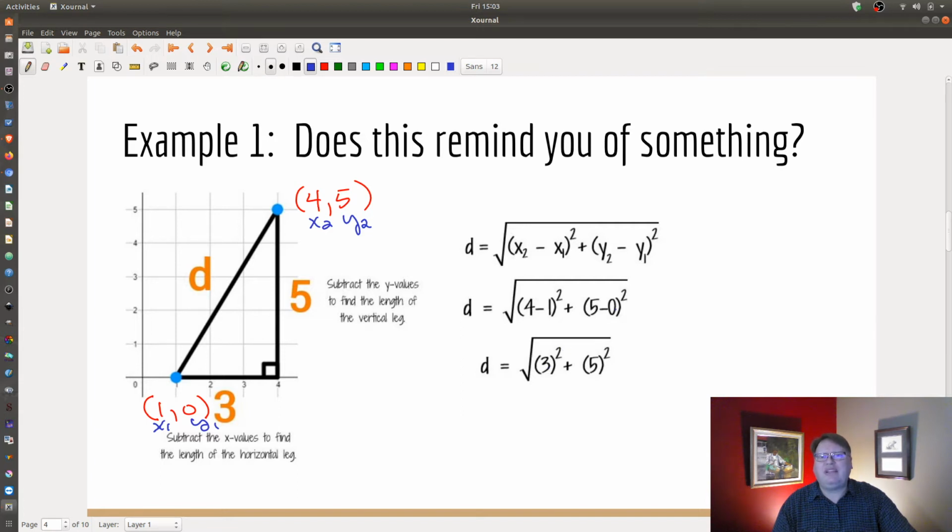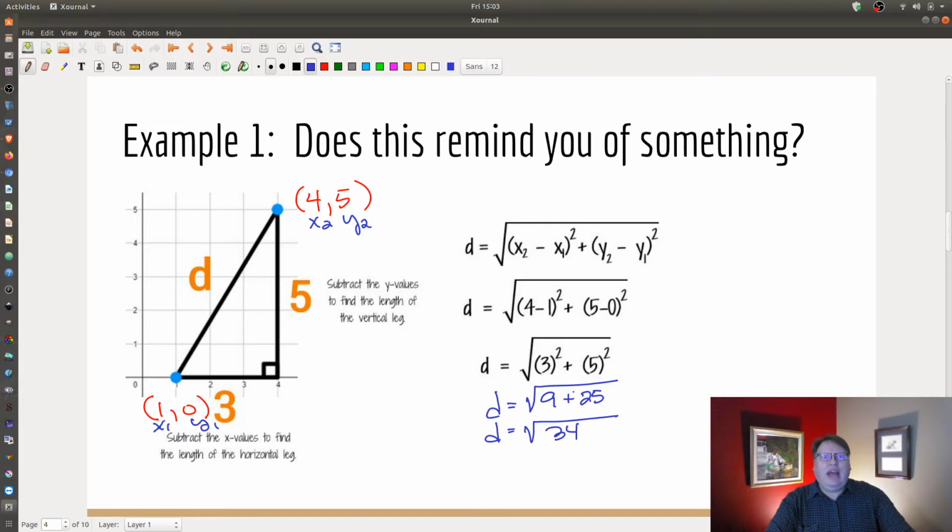And 5 minus 0 squared, that would be 5 squared. To finish it out, you have the square root of 9 plus 25. So D is equal to the square root of, what's 9 plus 25? Well, 25 plus 5 is 30, plus another 4 would be 34. So your distance here is the square root of 34.